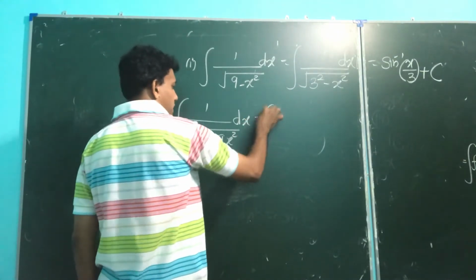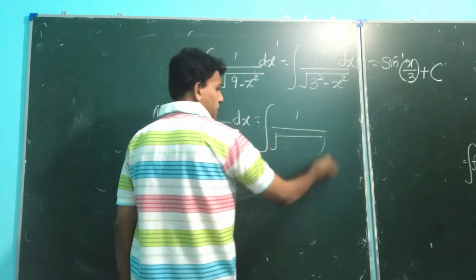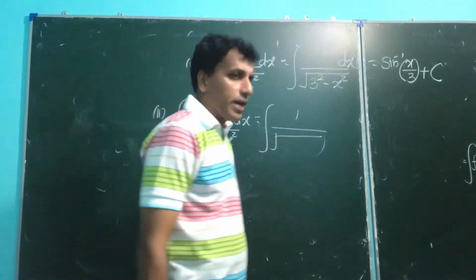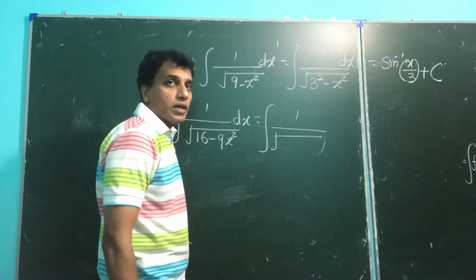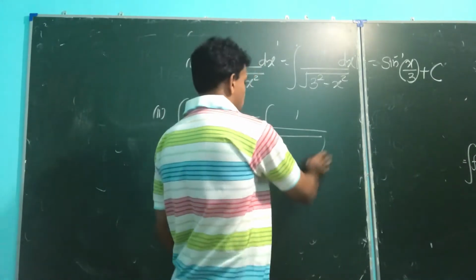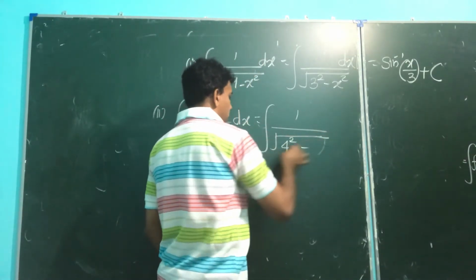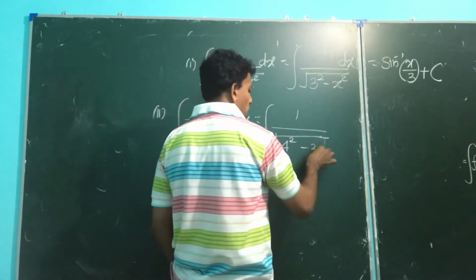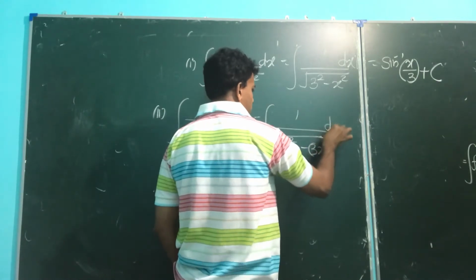So for that integral, always go to the general pattern, and rearrange that form into 1 over square root of a square minus x square form. So write that pattern. 16 is 4 square. Here, can I write 9 and x together as 3x, all things square, into dx?